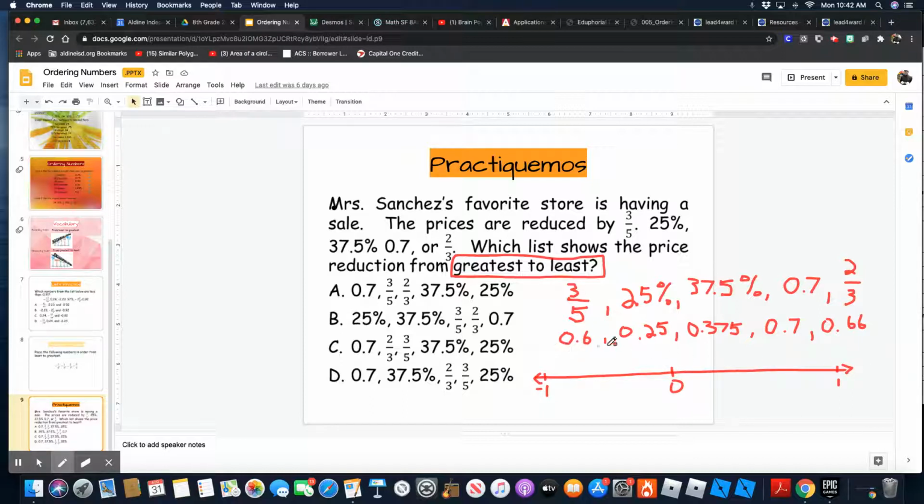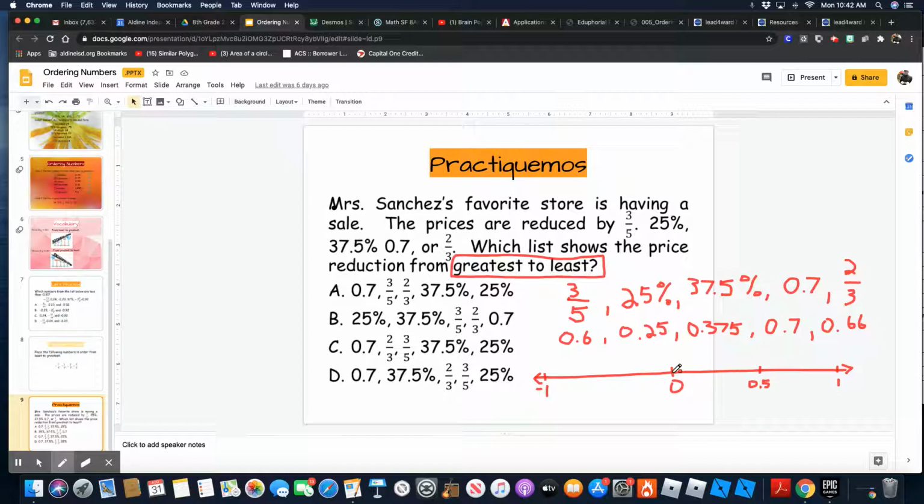So I've got 0.6, and I'm going to mark here where 0.5 would be. Okay, that'll be helpful for us. So 0.5 or 50 cents is half of $1. Here I've got 60 cents or 0.6.